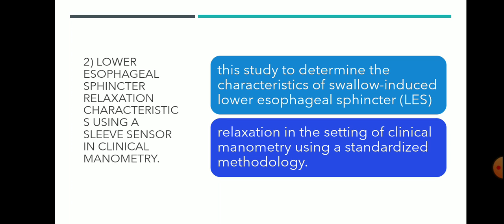The sleeve sensor recording is a practical method for clinical manometry that reliably records lower esophageal sphincter relaxation characteristics and analysis routine. Relaxation of the lower esophageal sphincter pressure has a high diagnostic value in achalasia.